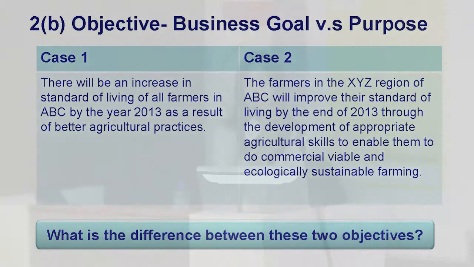Case number 2: the farmers in XYZ region of ABC will improve their standard of living by the end of 2013 through the development of appropriate agricultural skills to enable them to do economically viable and ecologically sustainable farming. What are the differences between these two objectives?